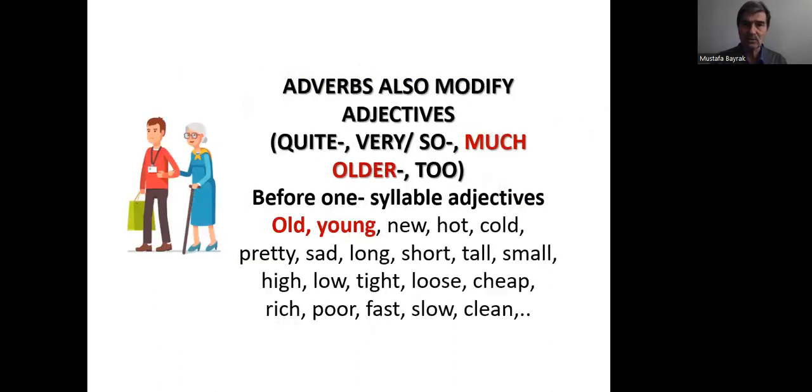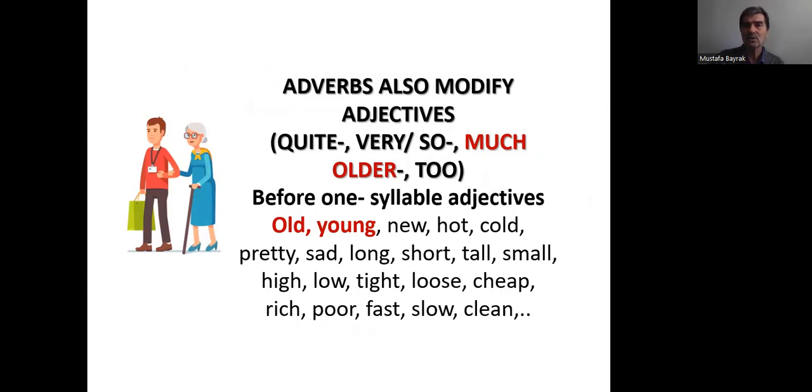Now, adverbs also modify adjectives, as we said before. Quite, very, so, much, too. Okay, before one-syllable adjectives, we use just much and the comparative. Much older, much younger, much newer, much hotter, much colder, etc. But we can use all of them.